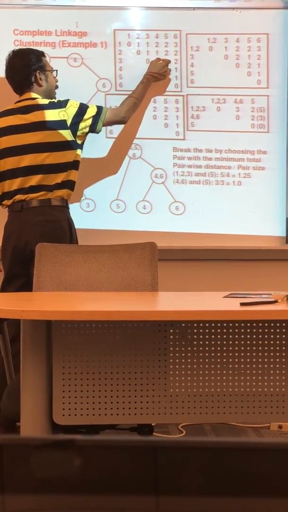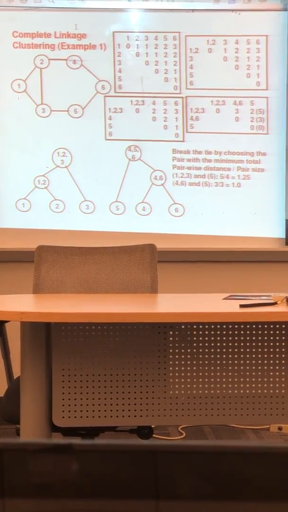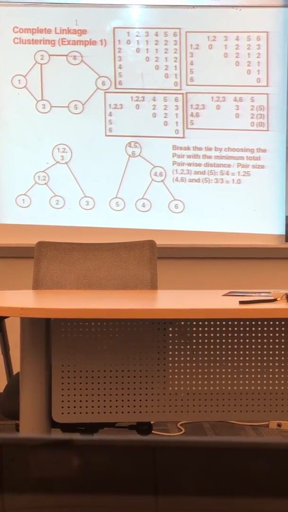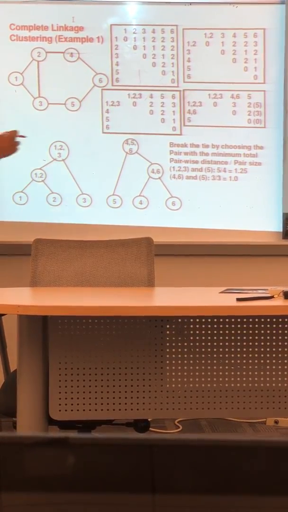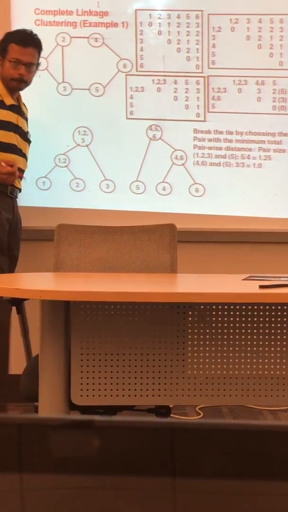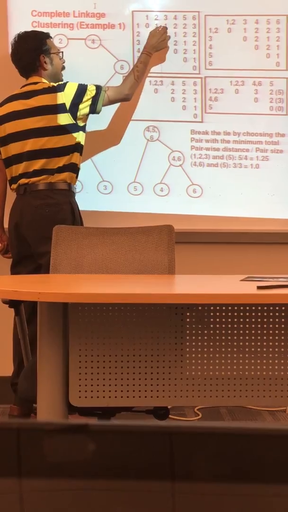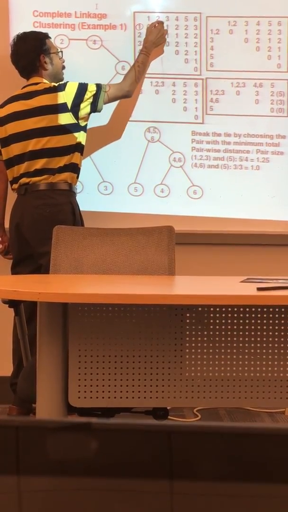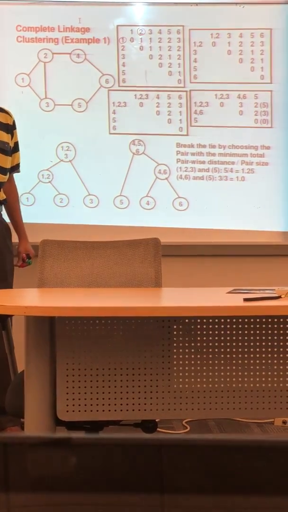So we need to look at between what communities those lowest values are. As I said, to begin with, we can consider each vertex in its own community. If you notice, all the ties are between a vertex-vertex pair, between one vertex and another vertex.